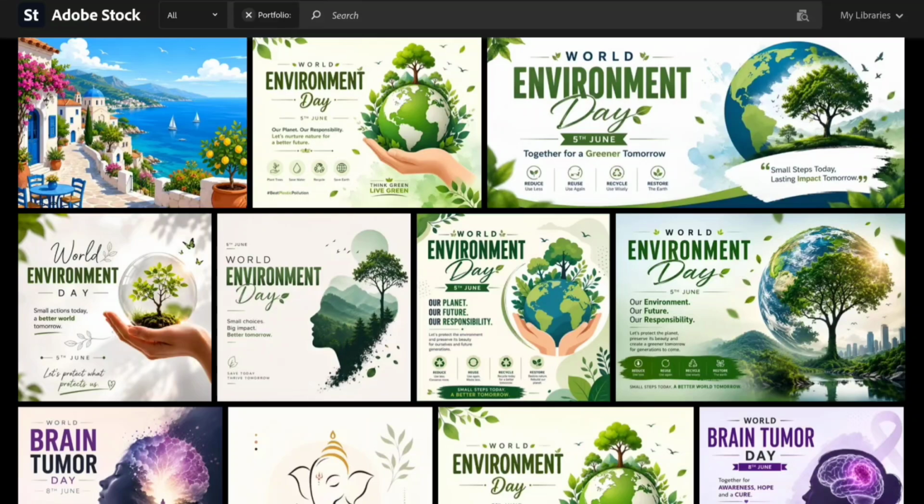If these images were not in demand, you will definitely not get $200 per month. So it depends on the number and also the quality and search keywords. So instead of chasing numbers alone, focus on creating designs that buyers are actively searching for.